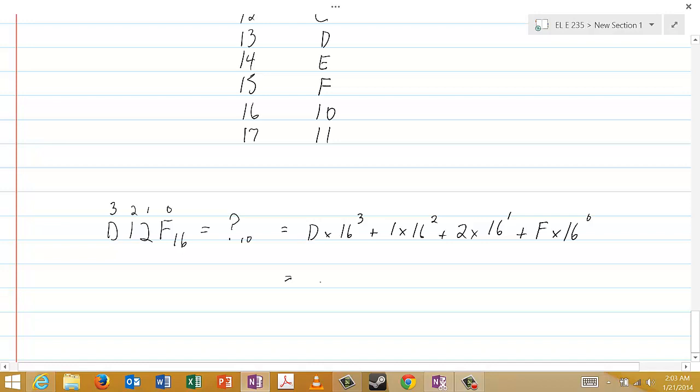Now D is equal to 13. Sorry, I had to go get a calculator. We'll find out what 16 cubed is now.